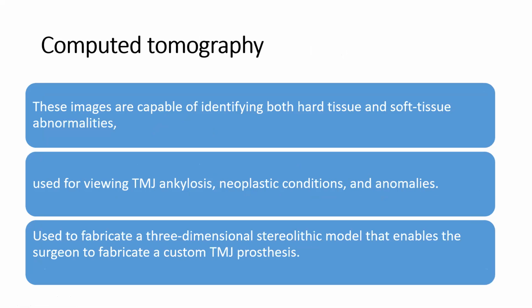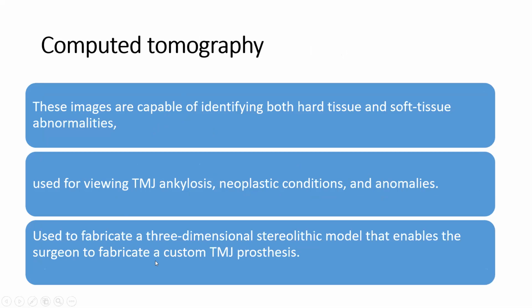Another method of imaging is the computed tomography, and this is capable of identifying both the hard and the soft tissue. And it can be used for viewing TMJ ankylosis, neoplastic conditions, and other anomalies.